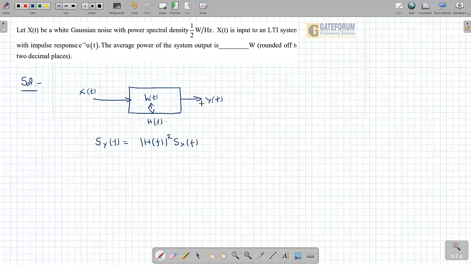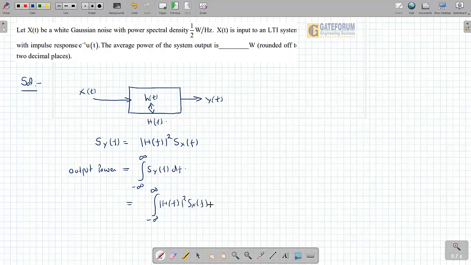Because it is given in hertz, we'll write in terms of frequency only. And if I want to find the output power, it is the integral from minus infinity to infinity of Sy(f) df. I can substitute this here, it becomes the integral of |H(f)| squared Sx(f) df. Sx(f) is given as 1/2 watts per hertz.